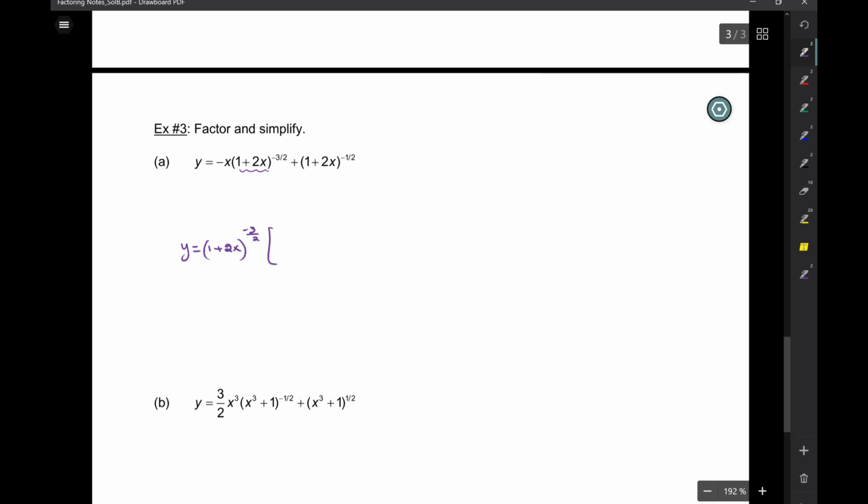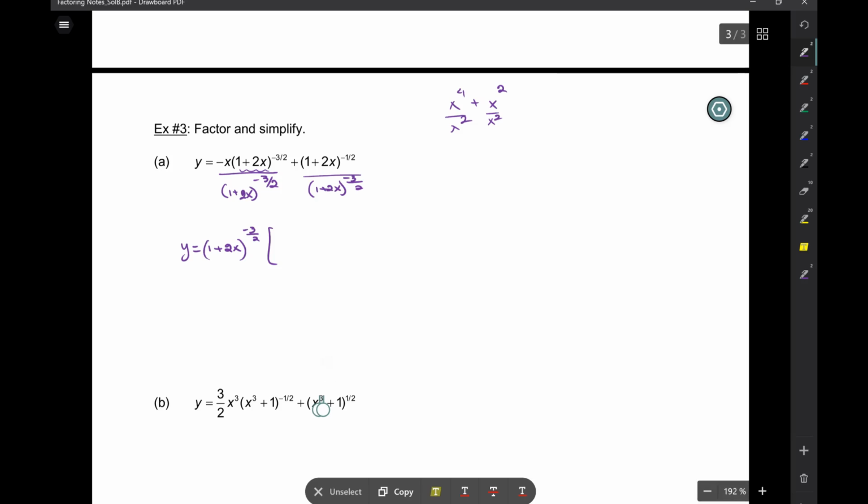And now, do you remember when we talked about, if you have x to the 4 plus x squared, and I factor out an x squared, that's like dividing by x squared, right? So when we're factoring out, this is like dividing by this. So from the leftmost term, what do I have left? Just negative x plus, here I have 1 plus 2x to the power of what?